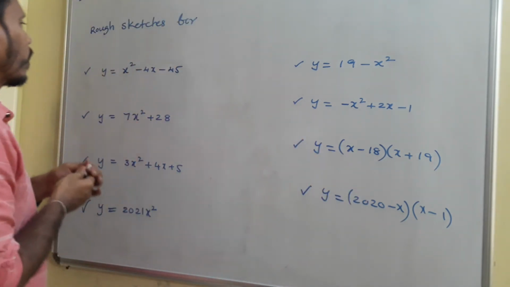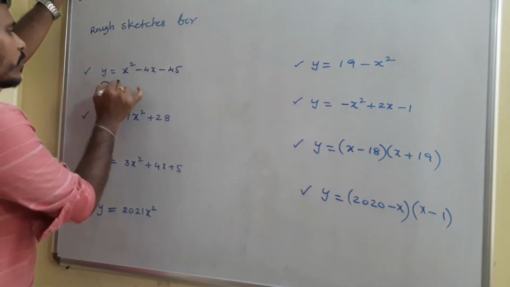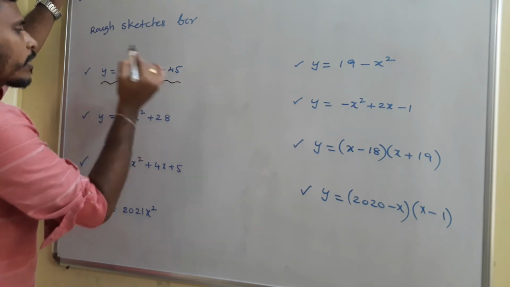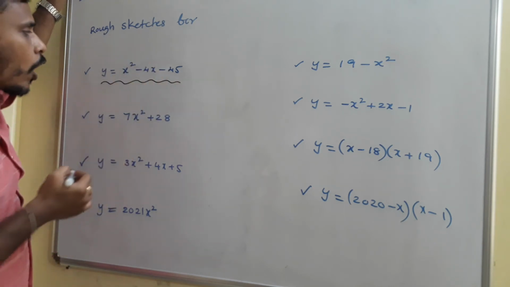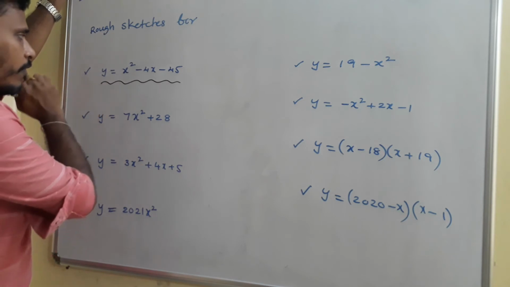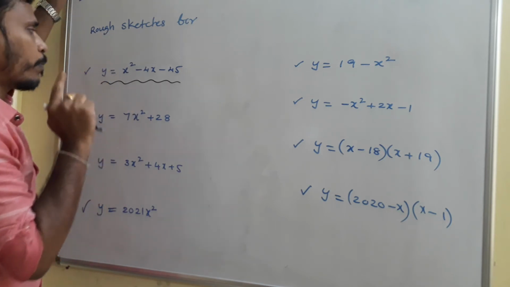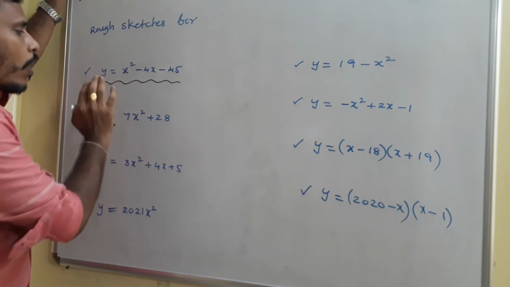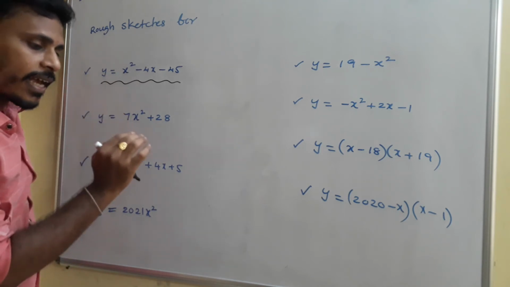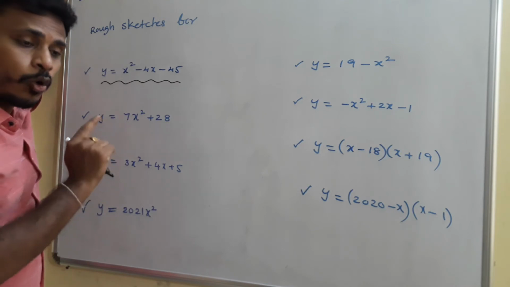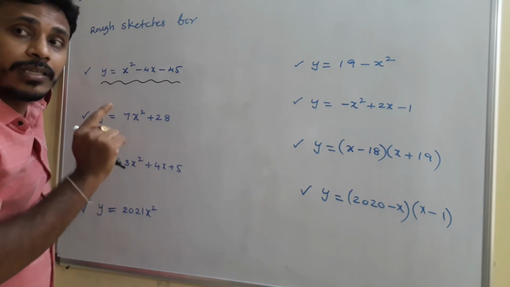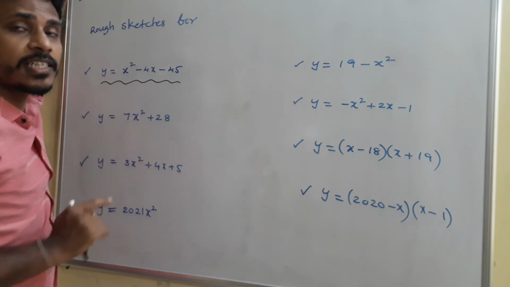See, the first one, we need to sketch y equals x square minus 4x minus 45. How to sketch it? The first thing, the coefficient of x square is 1, so it is an upward parabola. The next thing, whether it is intersecting the x-axis or not. For that, no need to calculate roots, but think about the discriminant value.